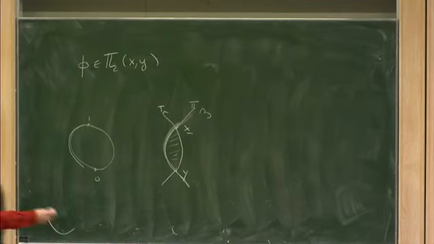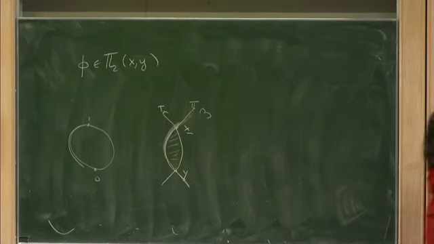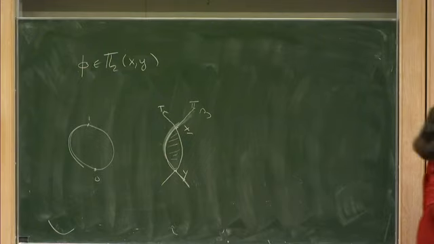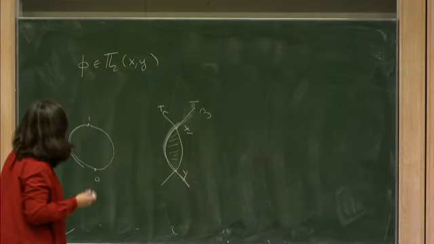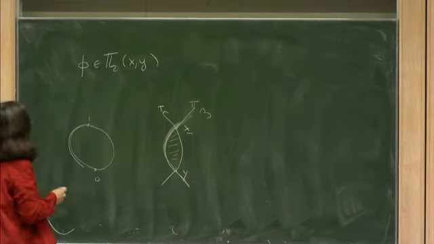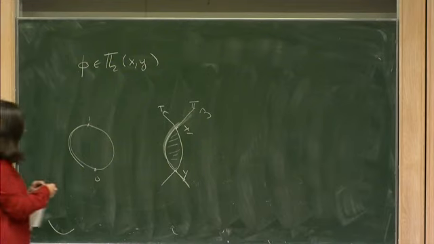And I forgot to say that in the definition of Heegaard Floer homology, we put a base point here, and in the simplest version we're counting only the things that miss this.